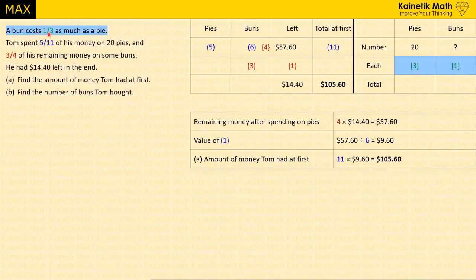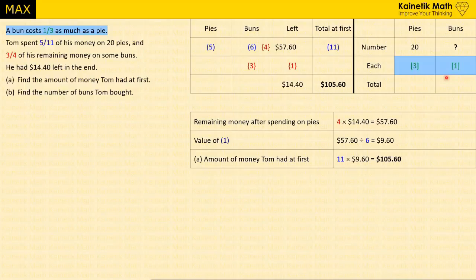Right, a bun costs 1/3 as much as a pie. So that means that the pie is the denominator, which is 3. So we put here another 3 new units, and the bun will be 1 unit. Of course, these units here is not the same as the previous ones. Okay, so that's why we have them in different colors and different brackets.